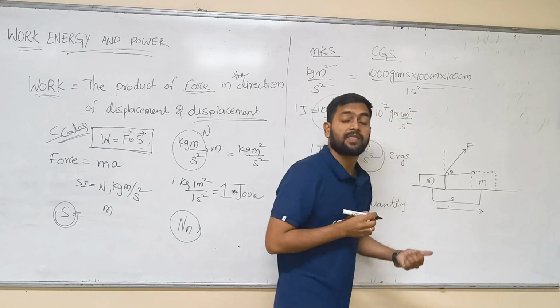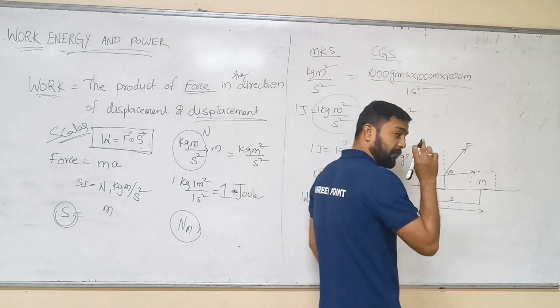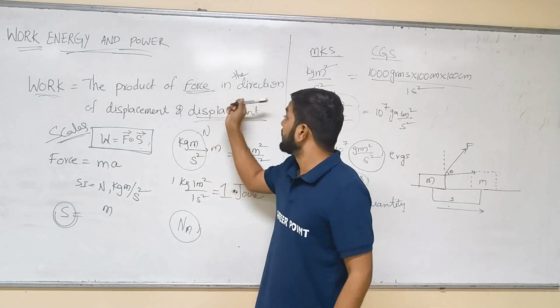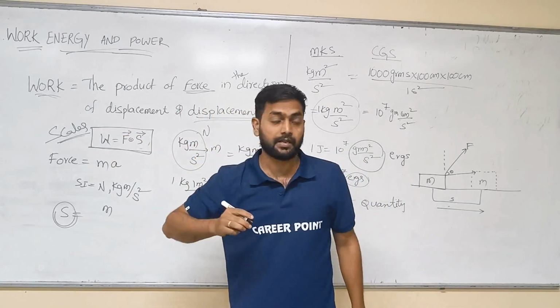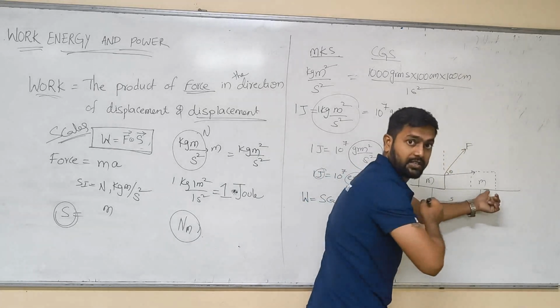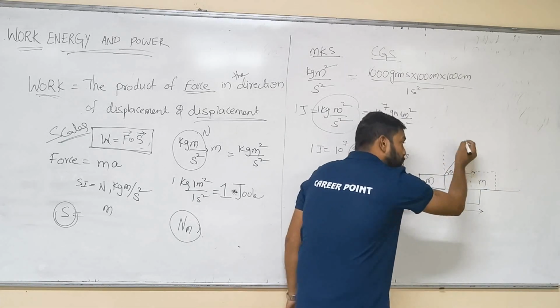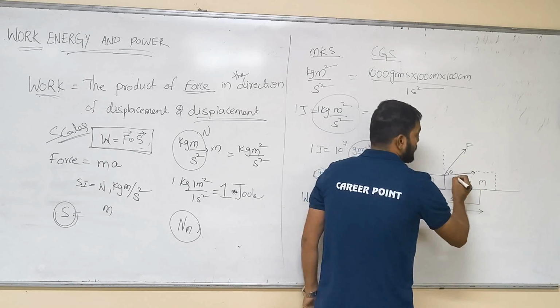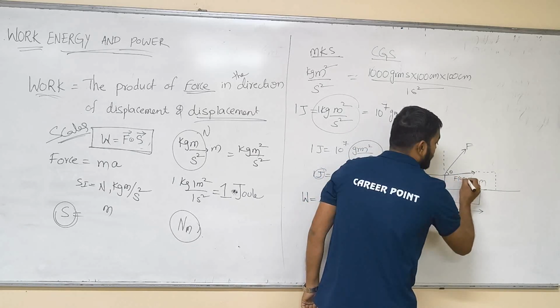So here the formula will be: the force is the component in the direction of the displacement. So displacement is in this direction, so this force component should be in this direction. The value of this will be equal to F cos theta.